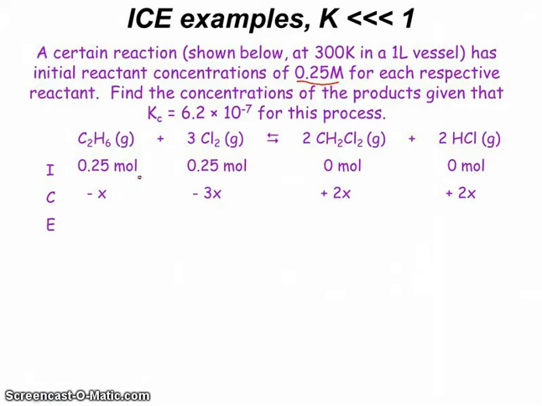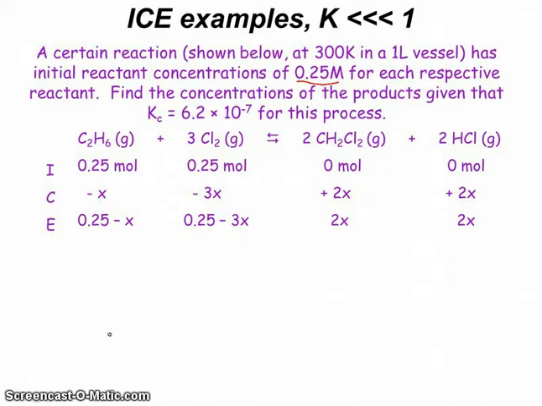It takes 1 C2H6 to react, so it goes down by X. It takes 3 Cl2s to react, so it goes down by 3X. And then 2 each of the products is formed, so they both increase by 2X. And so at equilibrium, we can see we have 0.25 minus X for C2H6, 0.25 minus 3X for Cl2, and then 2X for both of the products.